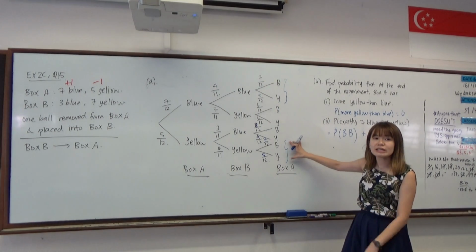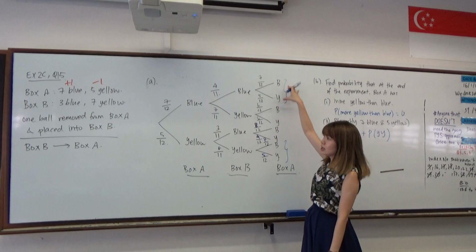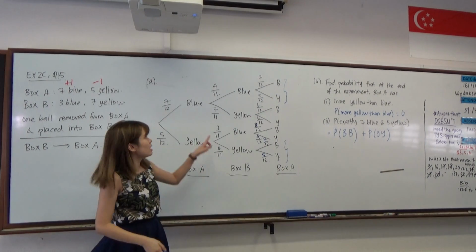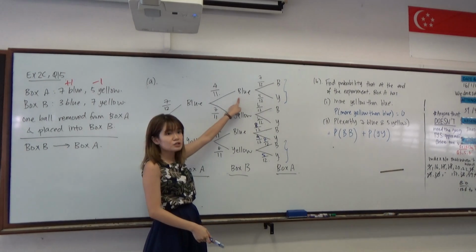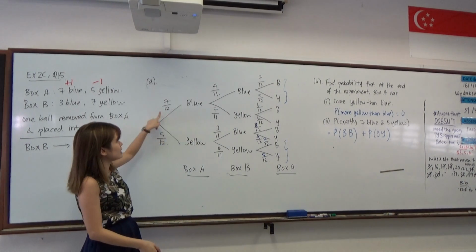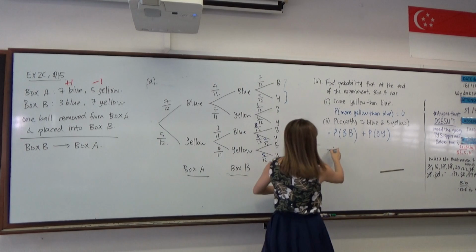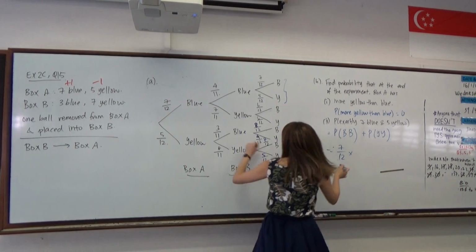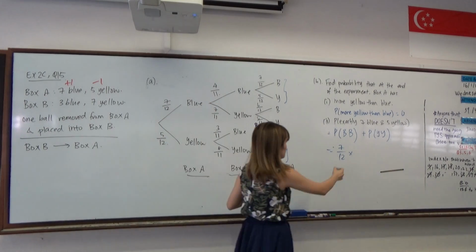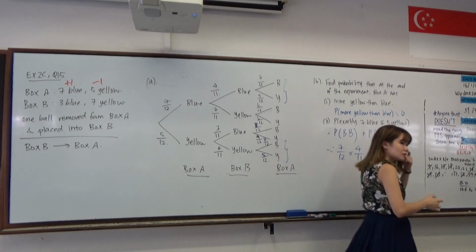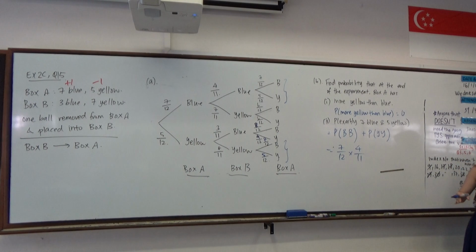So the situation that will allow for this combination is if in box A we take a blue one first, and then after that in box B we take a blue. So the probability of taking a blue one in box A will be 7 over 12 times, in box B, 4 over 11. You understand? Okay.